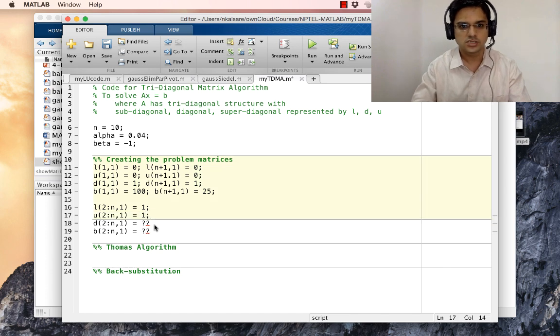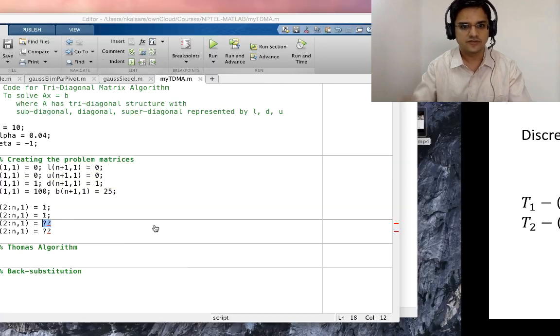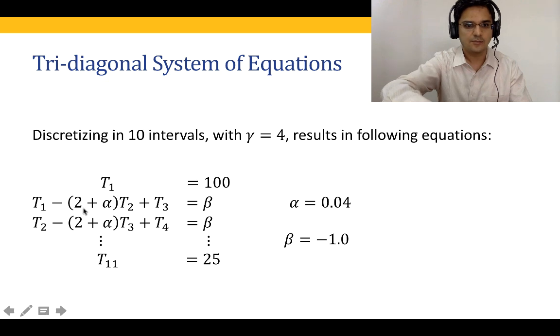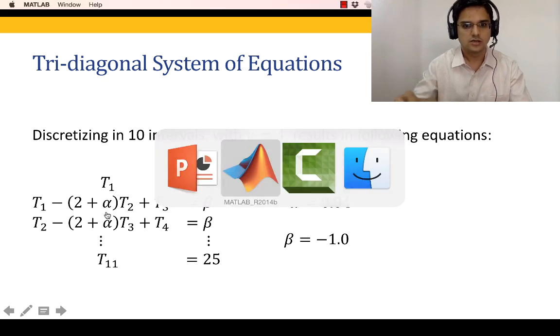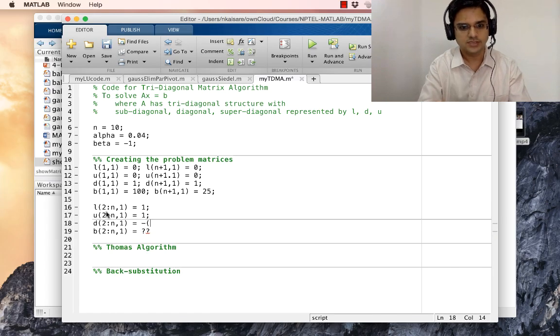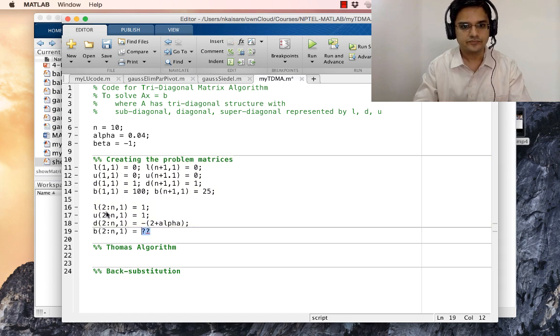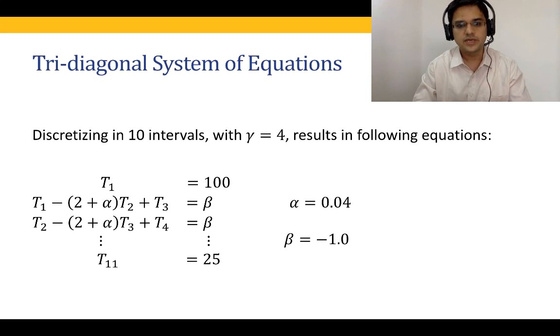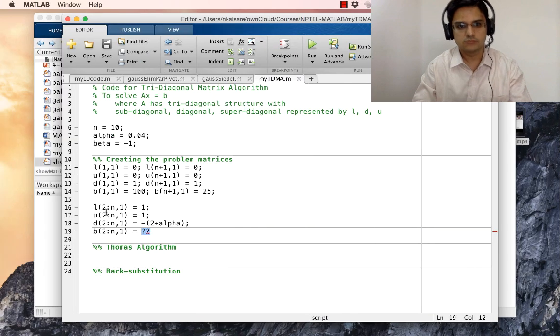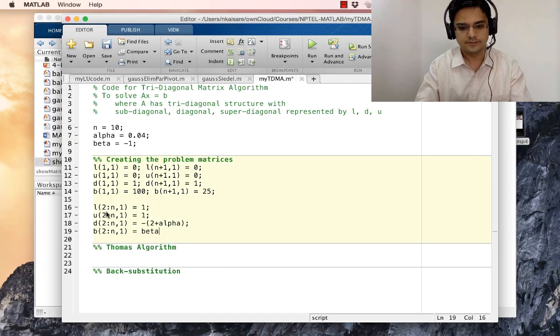So we will put this. The diagonal elements, if we check, are minus 2 plus alpha. So we will put that minus 2 plus alpha, and our B elements are equal to beta. Yeah, so we'll put that beta. And with this, we are done with creating the problem matrices.